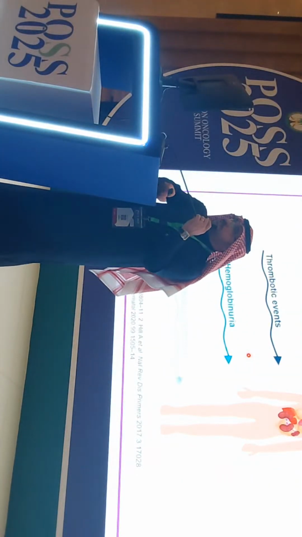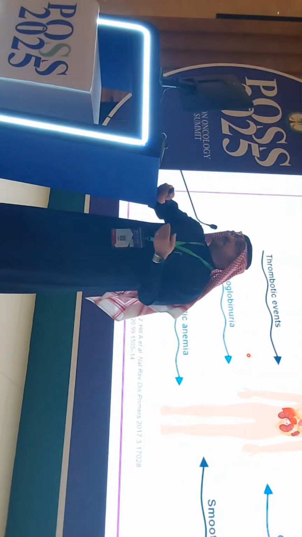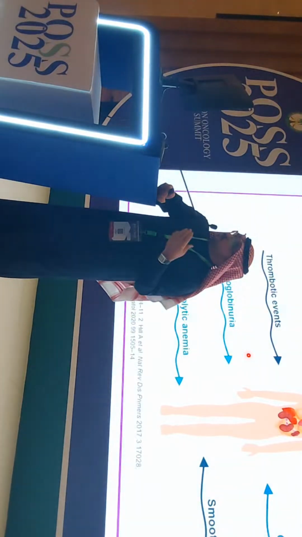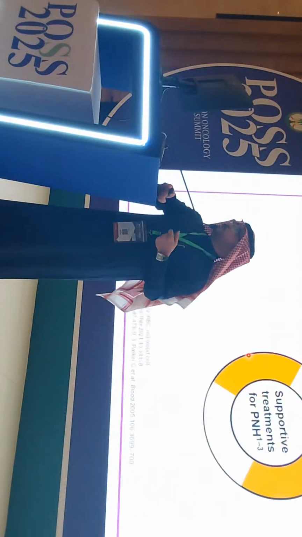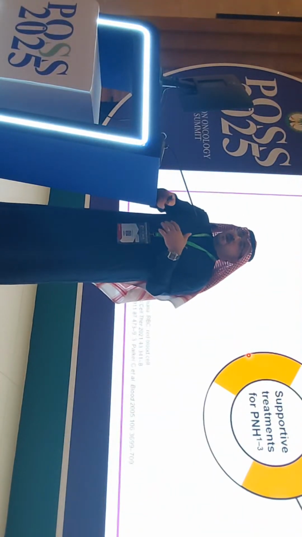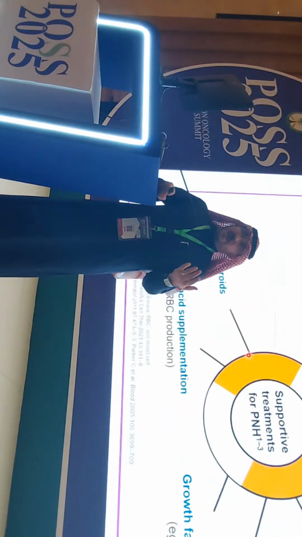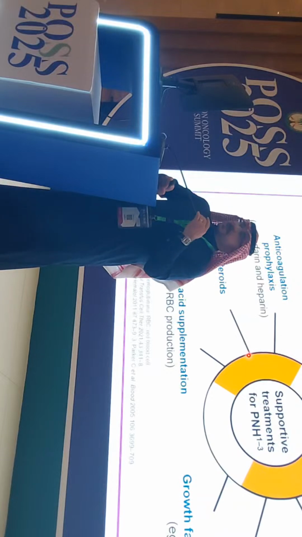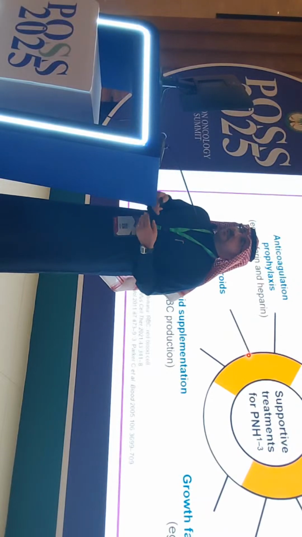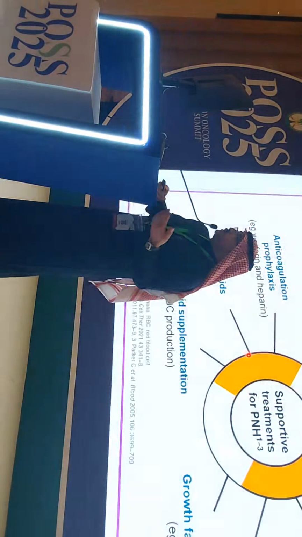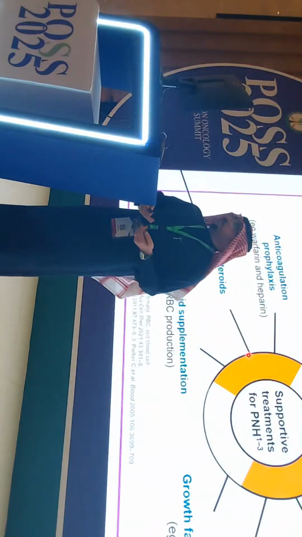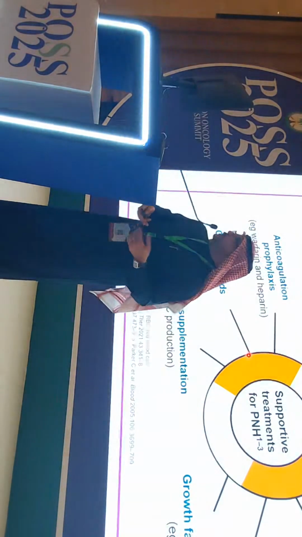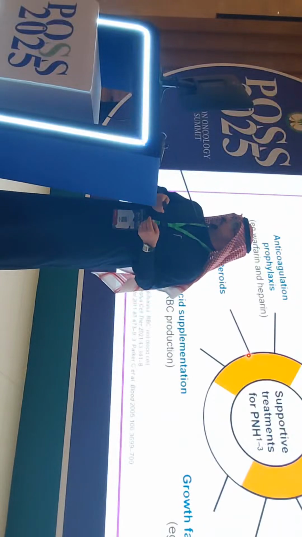Now, when untreated, patients with PNH complain of these symptoms: fatigue, thrombotic events, hypertension, and otherwise. Now, the treatment we used to have in the past before any specific treatment came into the market was usually antibiotics, blood transfusion, steroids, and iron supplementation for some patients.